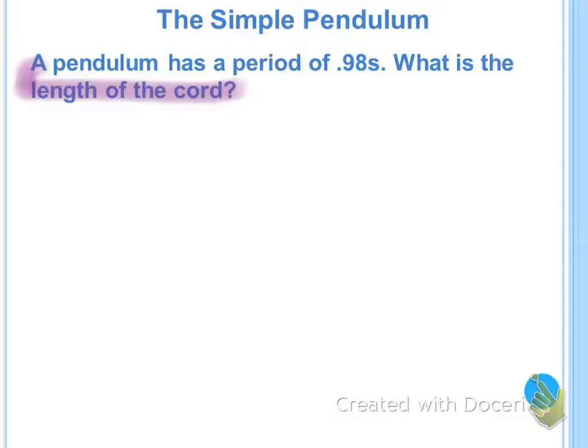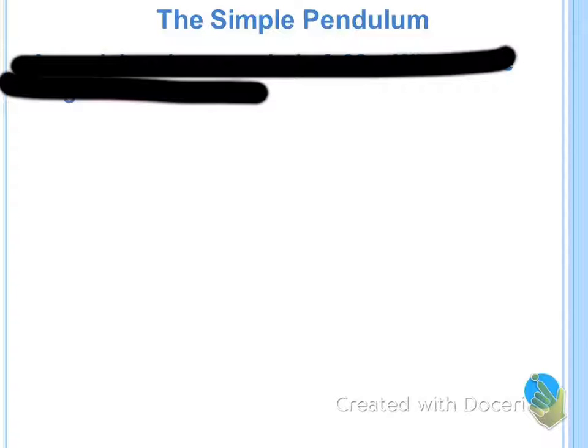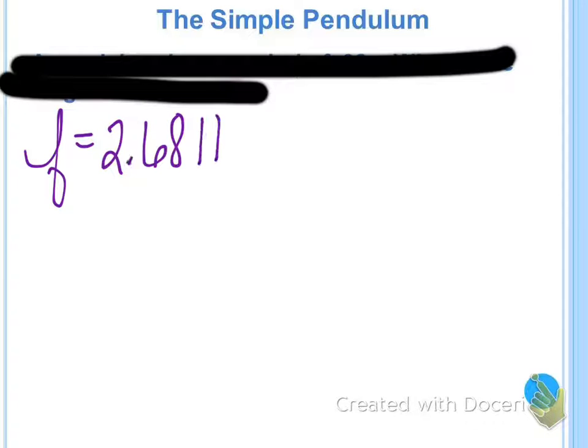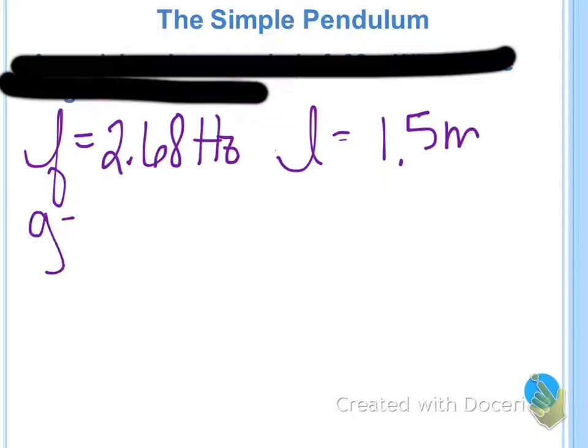So I'm going to make a question here real quick. Let's say that we have a frequency of 2.68 hertz and a length of 1.5 meters. We want to find what's the acceleration due to gravity at this point.